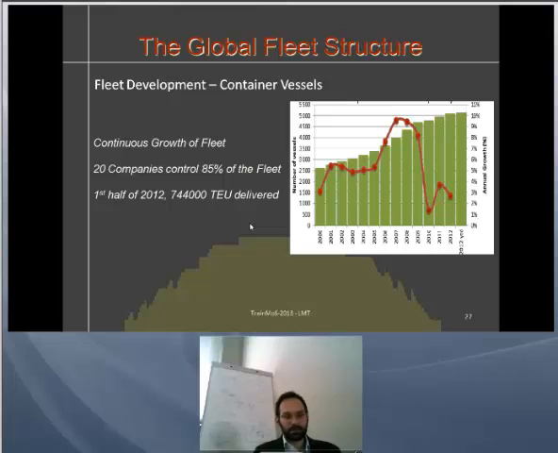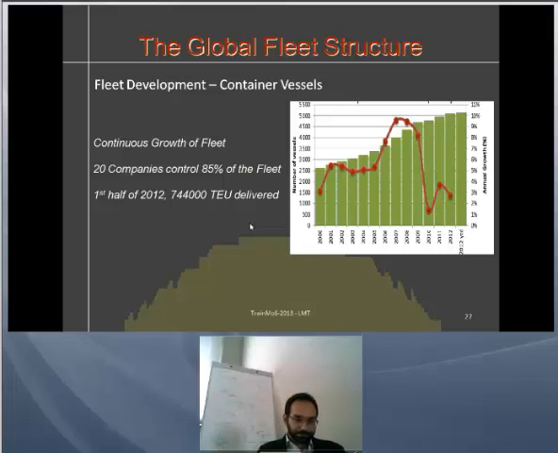So we have the big players like Maersk or COSCO and Nol, but they control the biggest percentage of the fleet. And then we have, of course, very small operators that mostly utilize feeder container vessels to move from smaller ports, mainly for short sea shipping. But the main routes are dominated by the big companies.